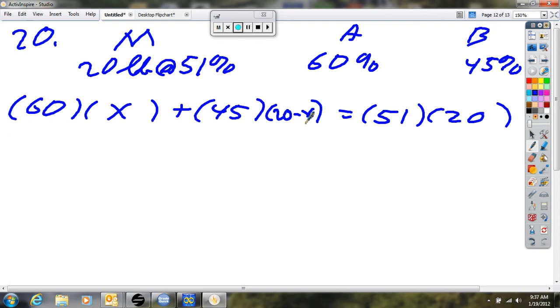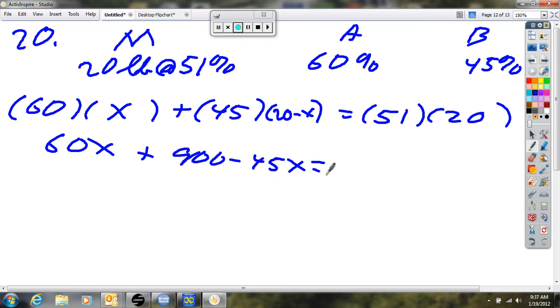Questions on the setup? Help me with numbers. This is 60x plus 900 minus 45x equals 1020, like that. Is that right? Okay. What is 60x minus 45x? 15x.